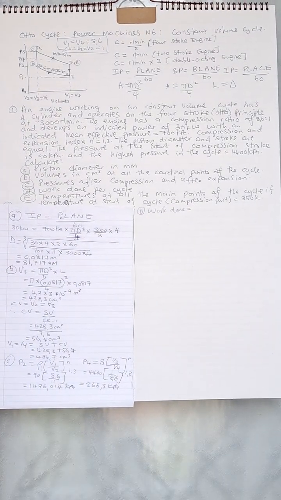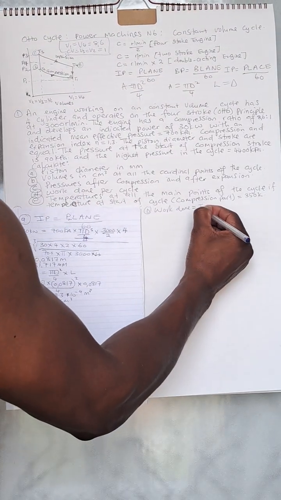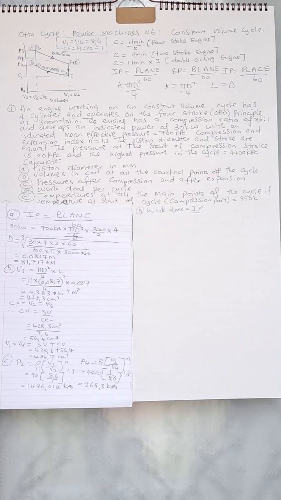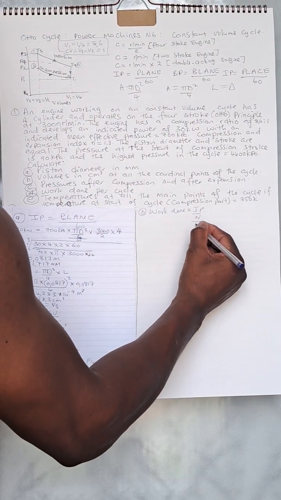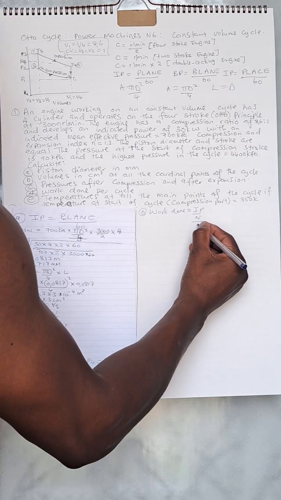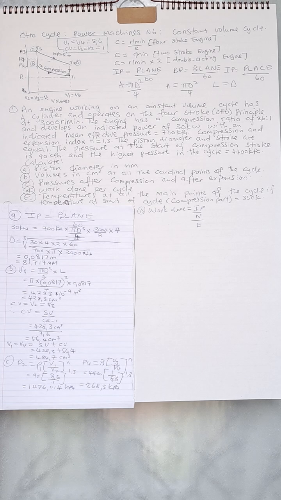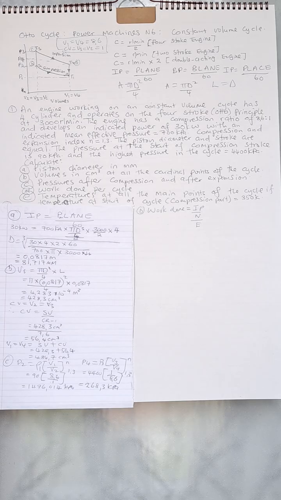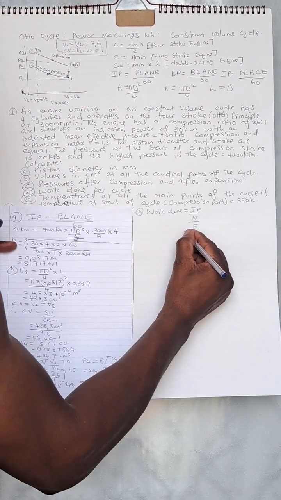We can use work done equals IP over N divided by E. This is a simple formula for work done. Our IP was given as 30 kilowatts.